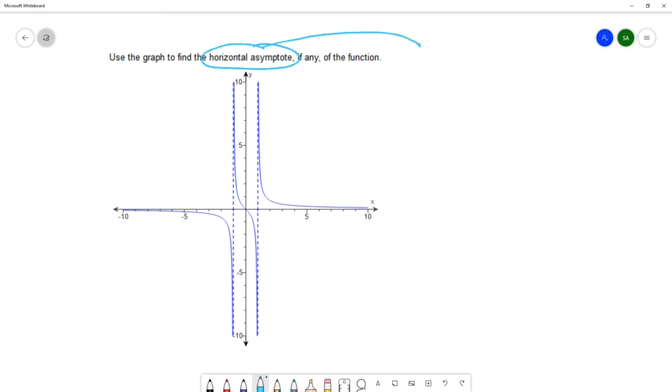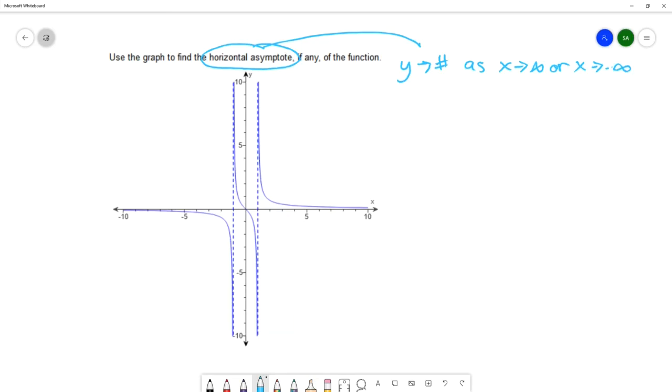For a horizontal asymptote, we will have y approaching a number as x approaches infinity or x approaches negative infinity.